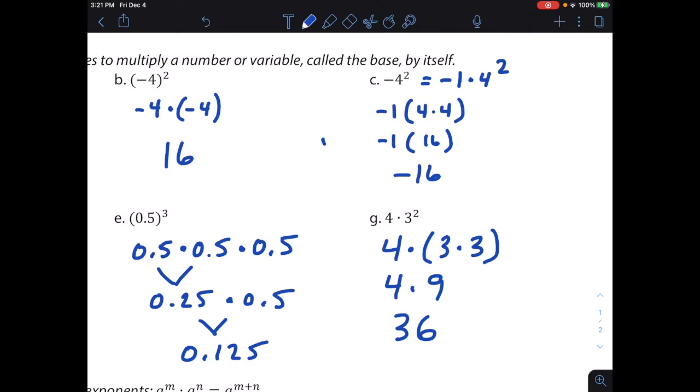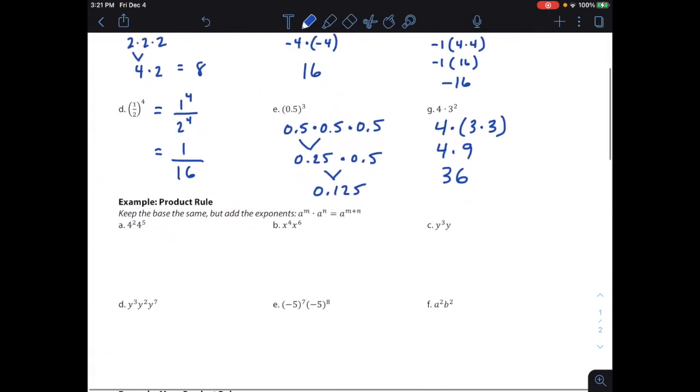All right, so a few rules that we need to remember from intermediate algebra. The product rule. Product means multiply. So anytime we see a base with an exponent and the bases are the same and they're being multiplied together, in this case we see things that are right next to each other, so that means multiplication.